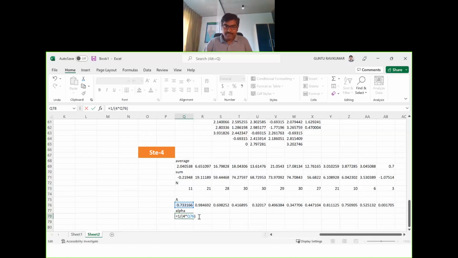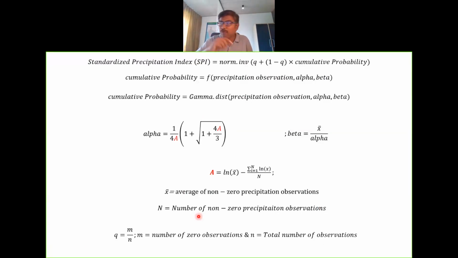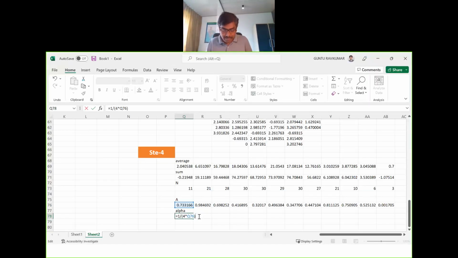Now we need to open a bracket. So 1 by 4A, we can keep the multiplication symbol, multiply, open bracket.